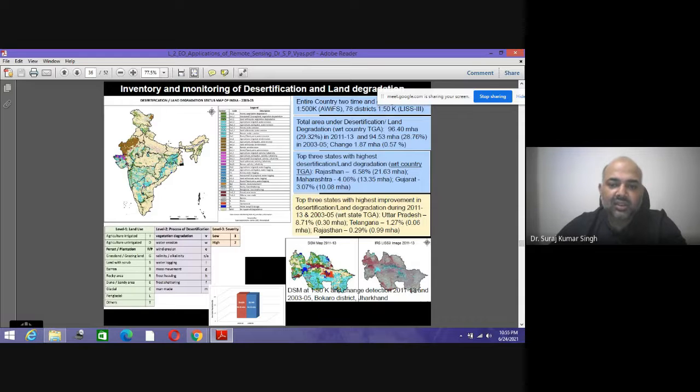Then we have already discussed how the various satellite images are used for various kinds of land degradation.